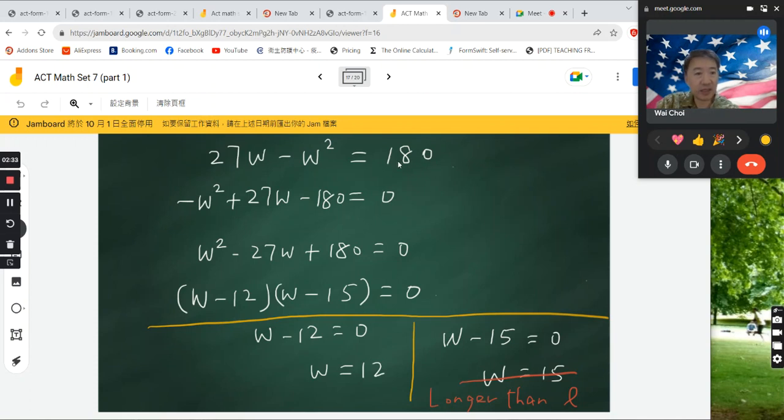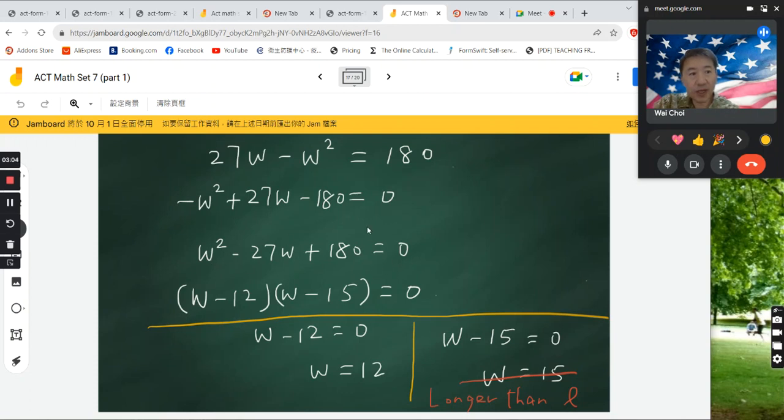On the right hand side, this will disappear, and you're going to have a negative 180 on the left hand side. So now we have minus W squared plus 27W minus 180 equals 0. Multiplying both sides by negative 1, this quadratic equation becomes W squared minus 27W plus 180.